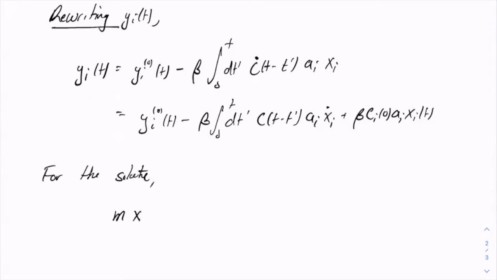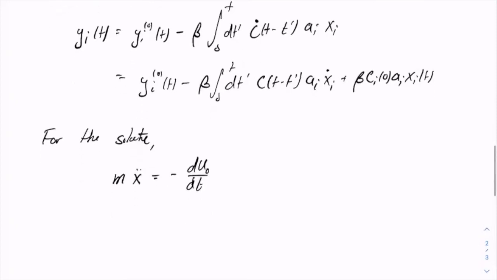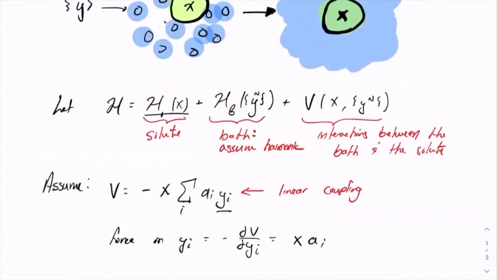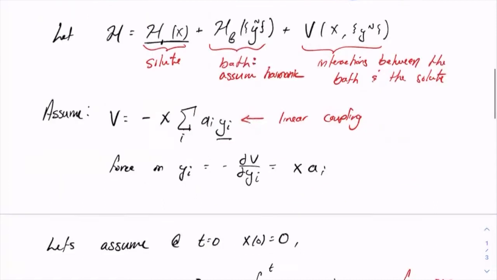So starting from the beginning, we know it's a classical particle, obeying Newtonian or Hamiltonian dynamics, in which case the acceleration on the particle, if it has mass m, is given by a gradient of the potential that that particle might feel, which would be in this reference part of the Hamiltonian of just the solute.